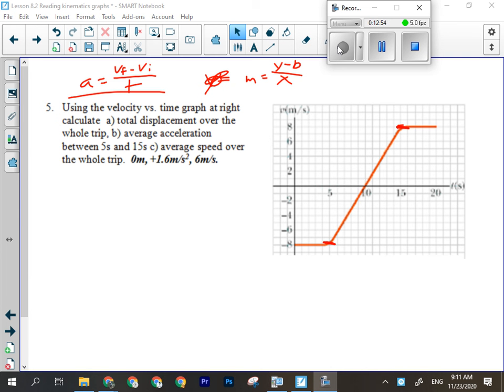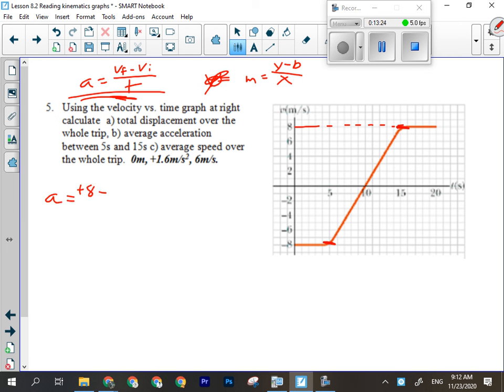So for part B, they want us to calculate the average acceleration between 5 seconds and 15 seconds. We're going to be using this formula up here that calculates acceleration: VF minus VI over T. So I have to look for my final velocity. My final velocity occurs at a time of 15 seconds, so my final velocity is +8 meters per second.